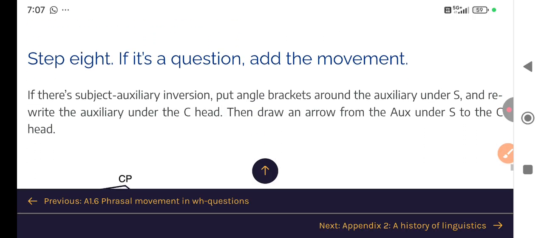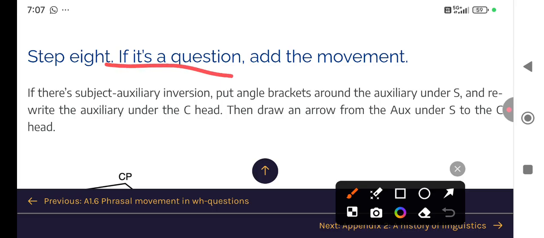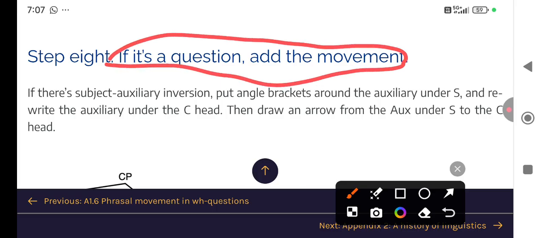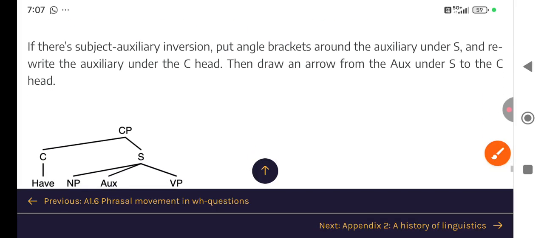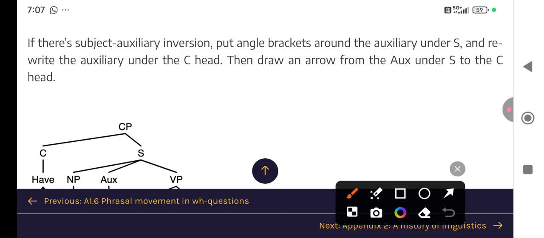All right. Now, step 8. If it is a question, add the movement. Important. If it is a question, add the movement. How? If there is subject auxiliary inversion, put angle brackets. So that is subject auxiliary inversion.